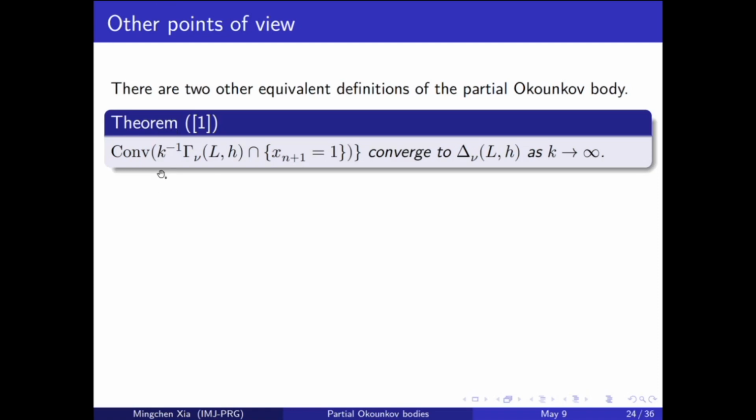So you end up with some convex body on the level 1 subset of R^(n+1). So this is a subset of R^n. When k tends to infinity, this convex body, this polytope, converges to delta nu of L, H. And this is a Hausdorff convergence. This is a rather non-trivial result. In general, the same thing fails for a general almost semigroup. But for this very particular almost semigroup, this is true.